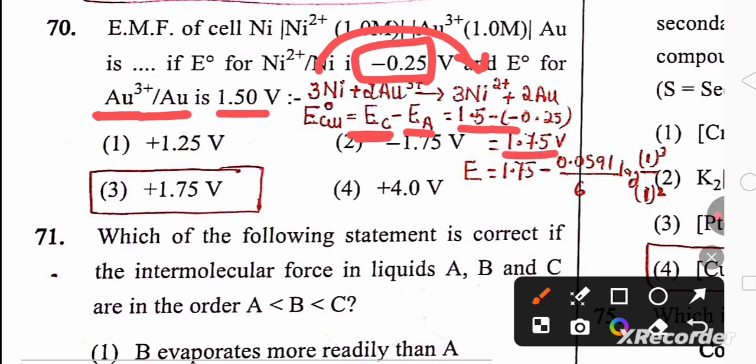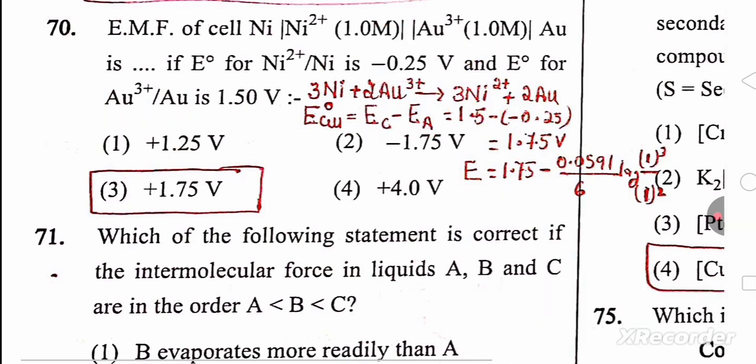So let us go to the Nernst formula. Electrode potential of the cell is equal to standard electrode potential 1.75 minus 0.0591 divided by n, where n is number of electrons, that is 6, log of concentration of the product Ni2+, its concentration is 1 raised to power 3, and reactant gold Au3+, its concentration is 1 to the power of 2.